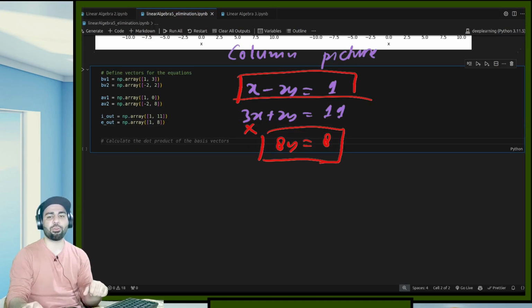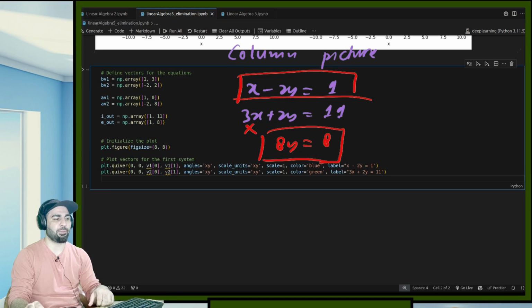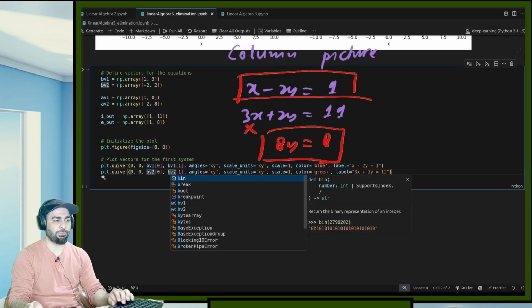Now what I want to show you is that I'll plot these things first. I'll plot this vector and the input vector. So I'll say before v1, and this is before v2.